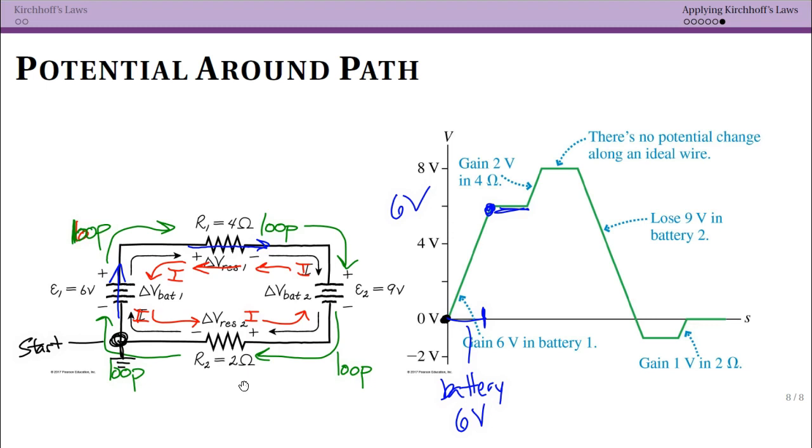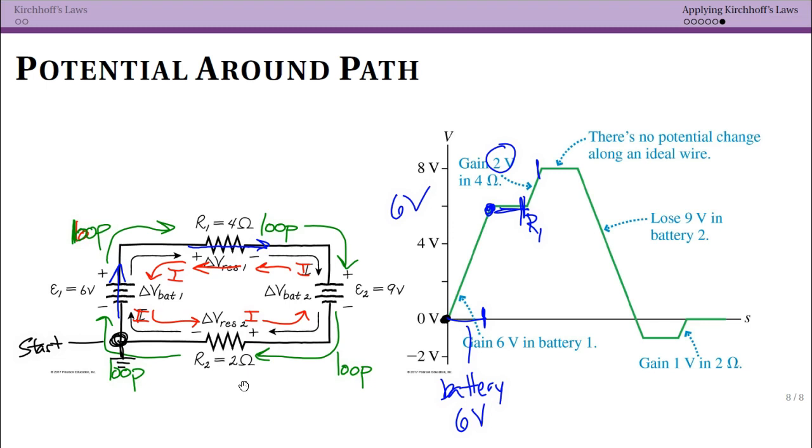So this is a rare case where you actually gain potential in your resistor because you are going opposite of the current. We then have this increase of 2 volts, and the reason it says 2 volts is that this has already calculated the current numerically and is plugging that in, where I haven't explicitly shown that. So this is being in R1. You go up because you're going the opposite direction of current.